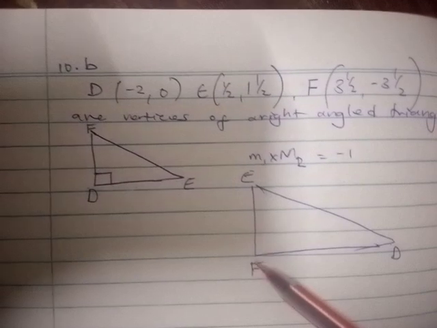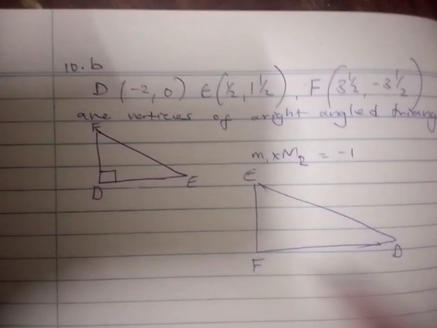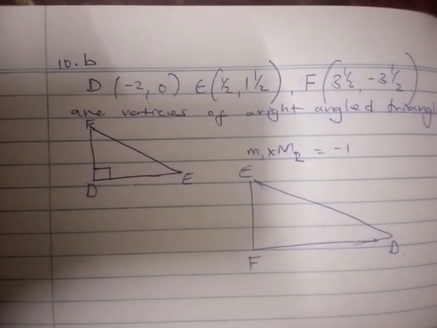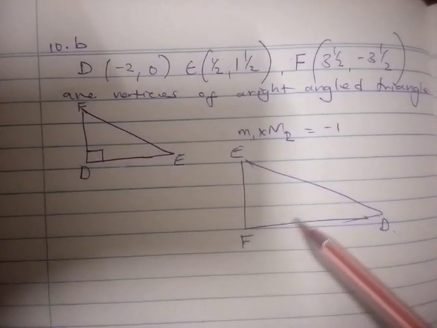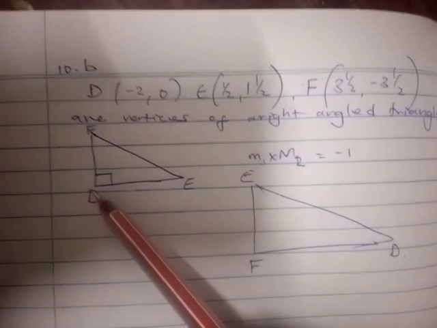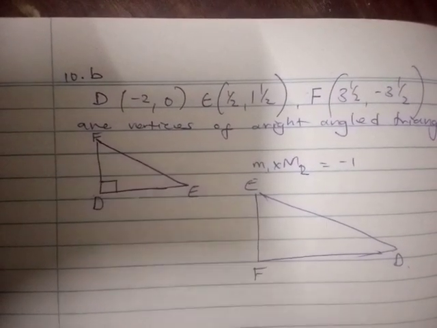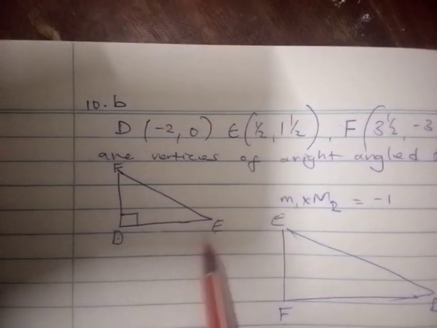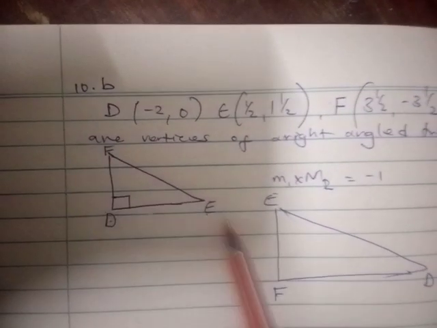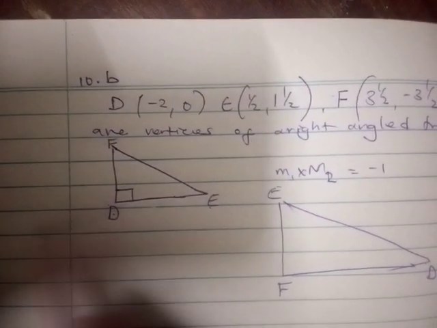You might find FE, then FD. They are the ones making us the conclusion that it is a negative 1, or a right angle. Not DE and DF. So we should find the slope of each: DE, DF, FE.